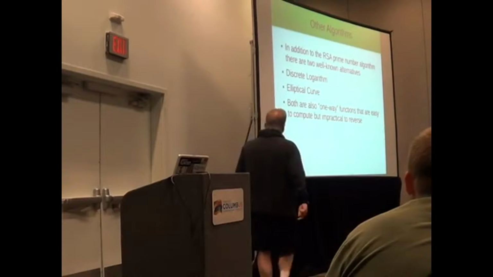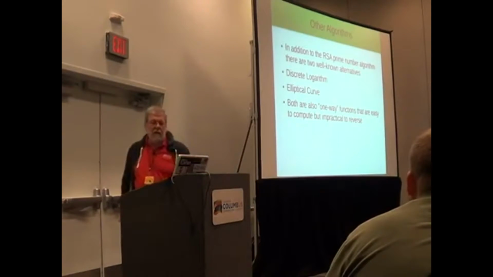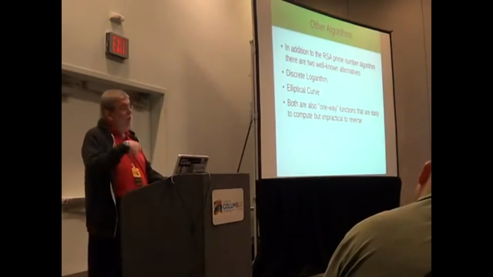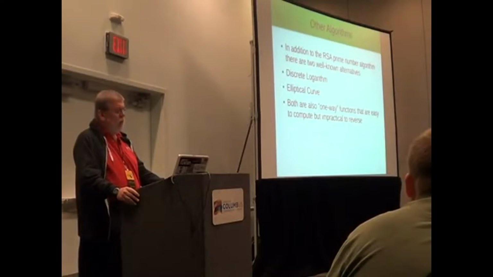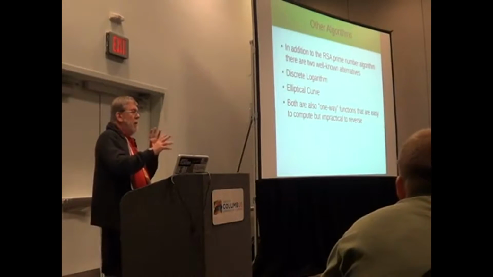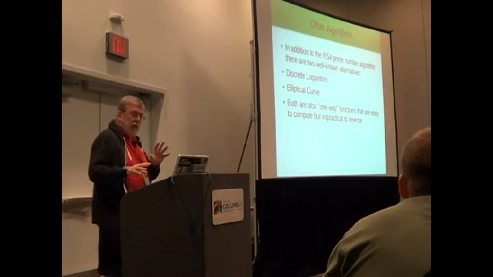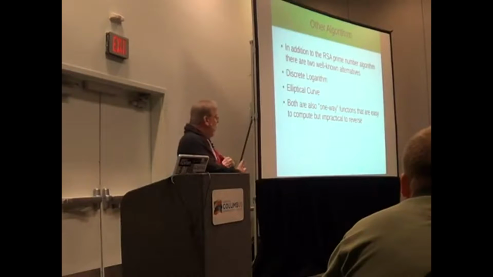El-Gamal is an application of the discrete logarithm. Then there's elliptical curve, a somewhat more recent one. With all of these, the basic idea that they all share is that they are easy to compute, computationally infeasible to uncompute.